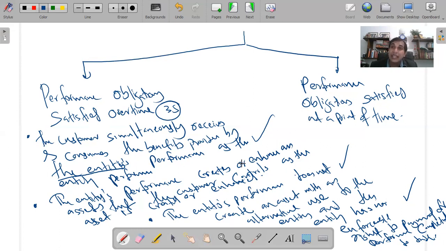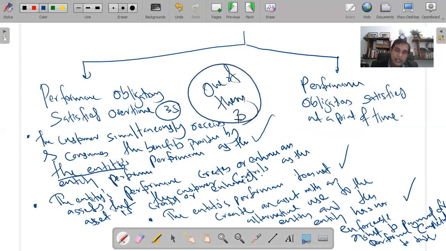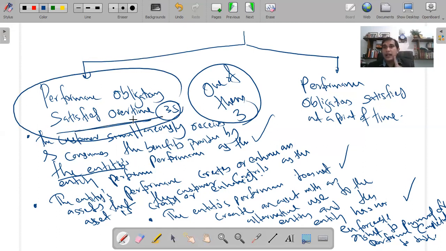If one of these 3 criteria is satisfied, you can identify that one as a performance obligation satisfied over time, not at a point of time. Right? That's why I emphasize these 3 points. One is enough. If one is satisfied, then that particular contract can be identified as a performance obligation satisfied over time.